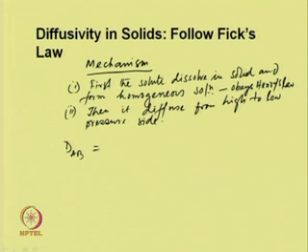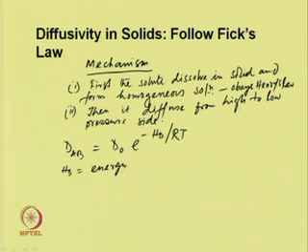D AB we can denote as D naught e to the power minus Hd by RT, where Hd is the energy of activation and D naught is a constant.